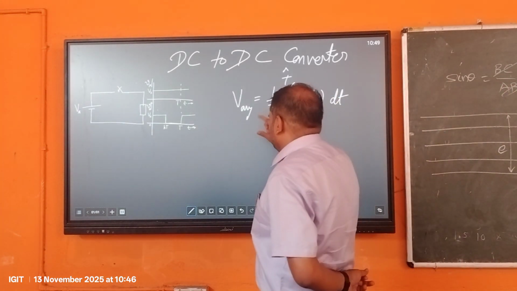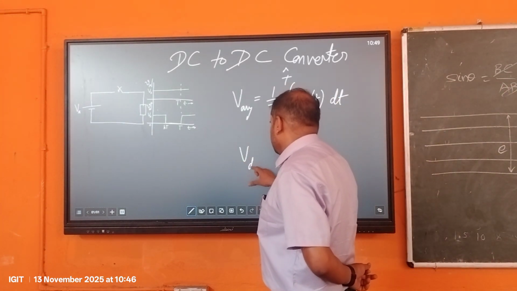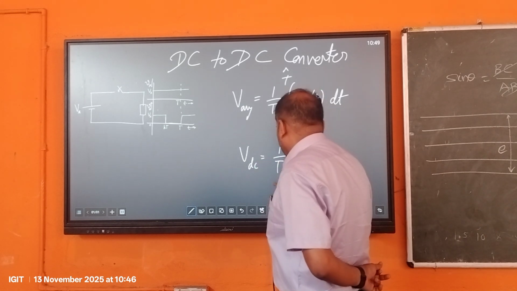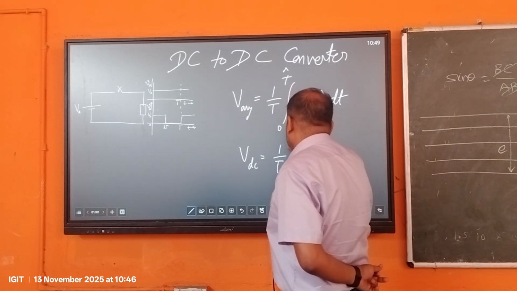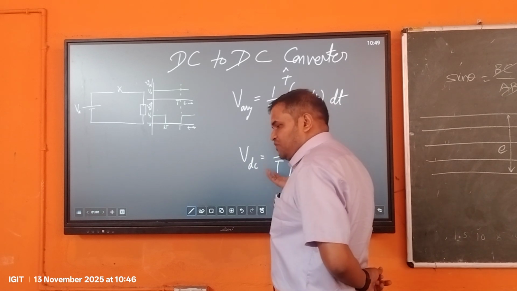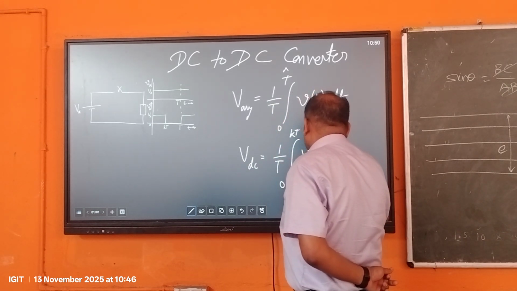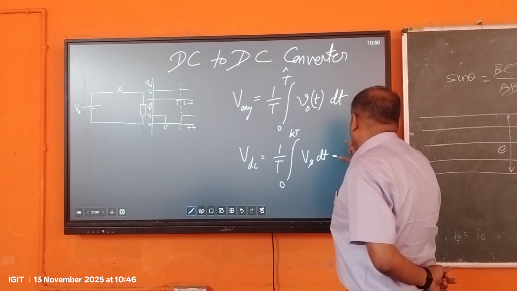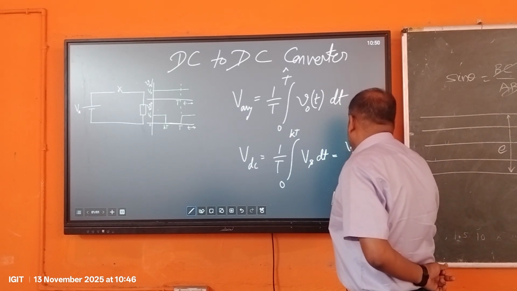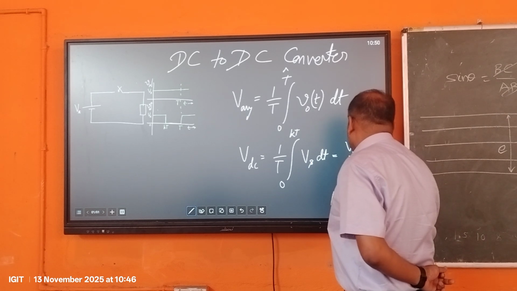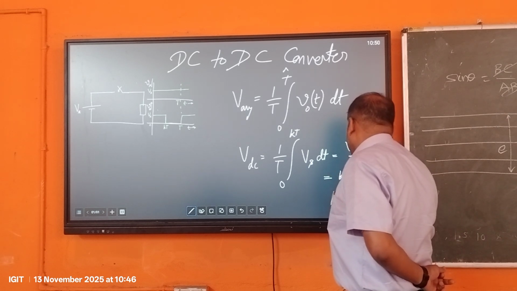One can also write average voltage equal to VDC, and here 1 by T, total time period, and it is on from 0 to kT, the rest of the time it is off, and this value is Vs dt. So obviously this is equal to Vs times kT by T, and that equals k times Vs.